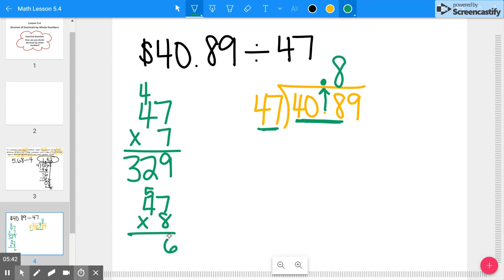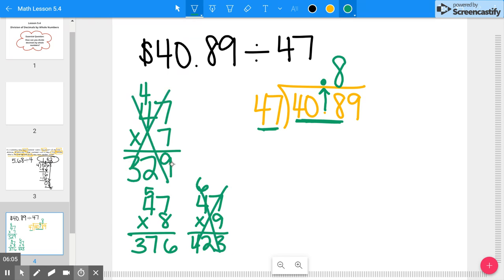That's 32, and that would be 37. So that would give me 376, which is pretty close. And if I did 47 times 9, I think that would put me over. So that would be 63. So that's 36, 37, 38, 39, 40, 41, 42. 423, which is too large. So I can't use this one, and I'm not going to use this one. I'm going to use this work here.